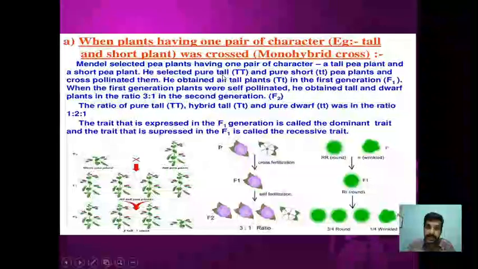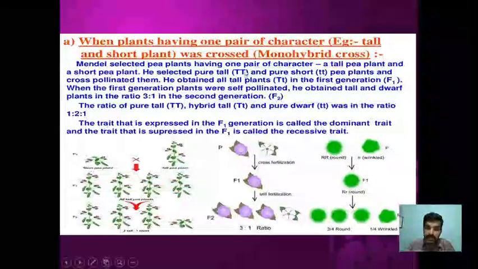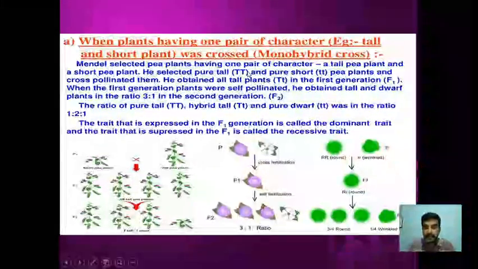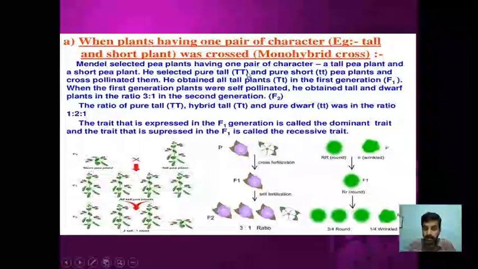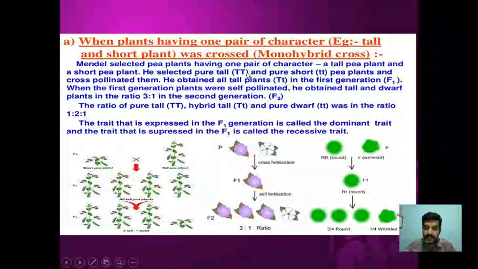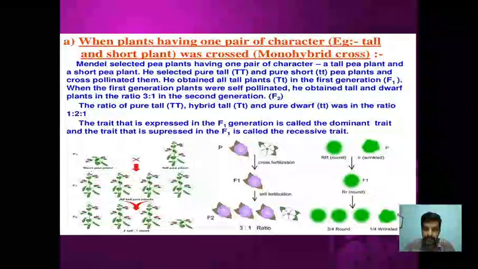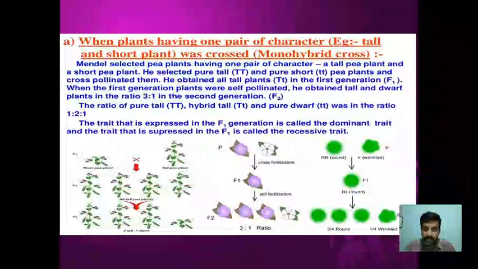Pure plants means for many generations he self-pollinated and observed that the trait is not deviated. It simply moves from one generation to another. Say, for example, a tall plant is crossed with a tall plant, you get a tall plant. Once again he crossed it with a tall plant, once again the progeny will be a tall plant.